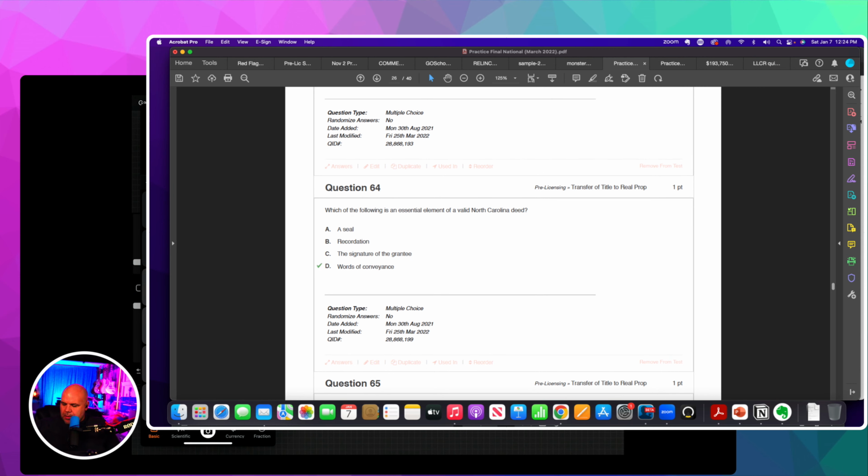Title transfer. There we go. Transfer of real property, agency, and loan types. Got it.